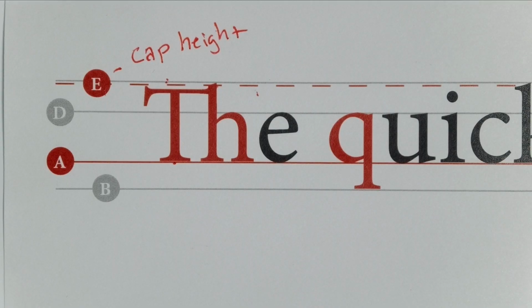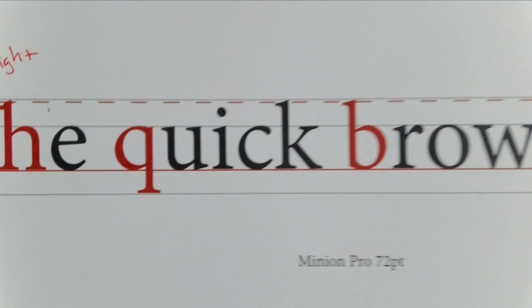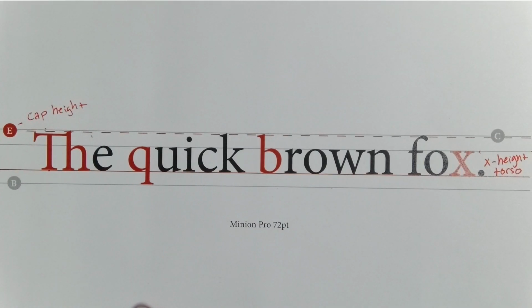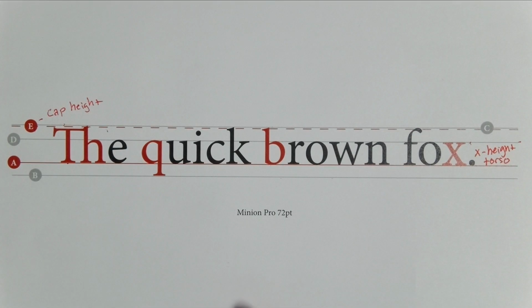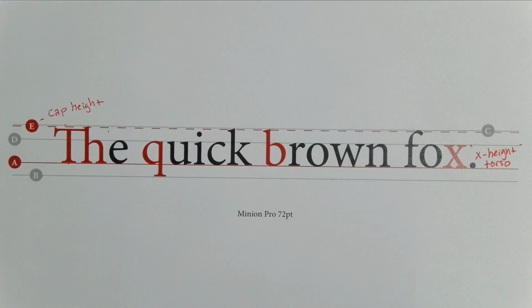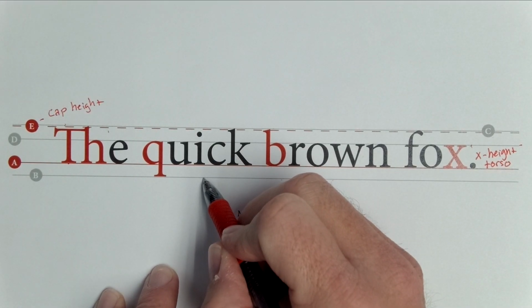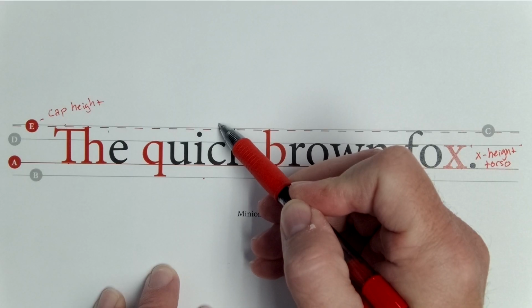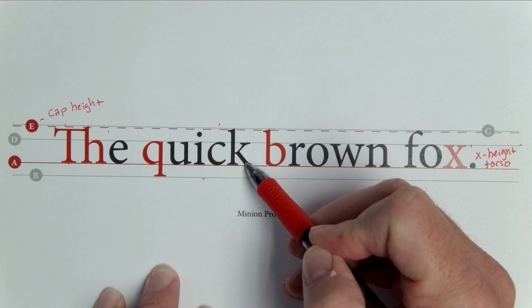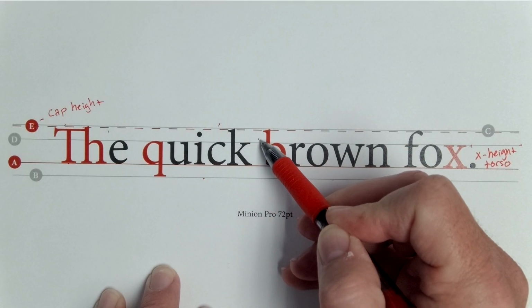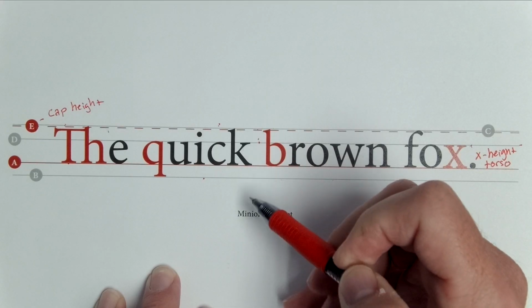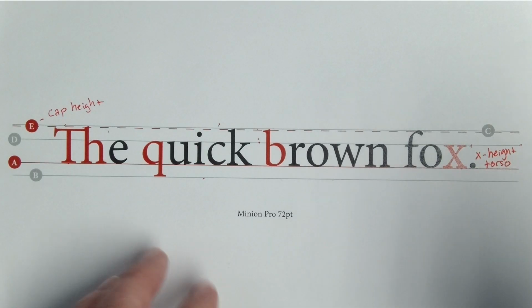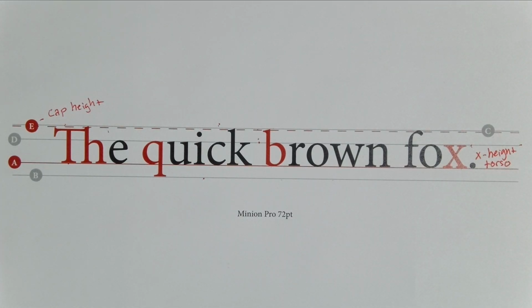Okay. So, a couple of things about this. Now that we have all of these terms defined here, we have the descent line, the ascent line, the baseline, the x height or midline or torso, and then we also have the cap height. These are your basic layout lines for any sort of font.